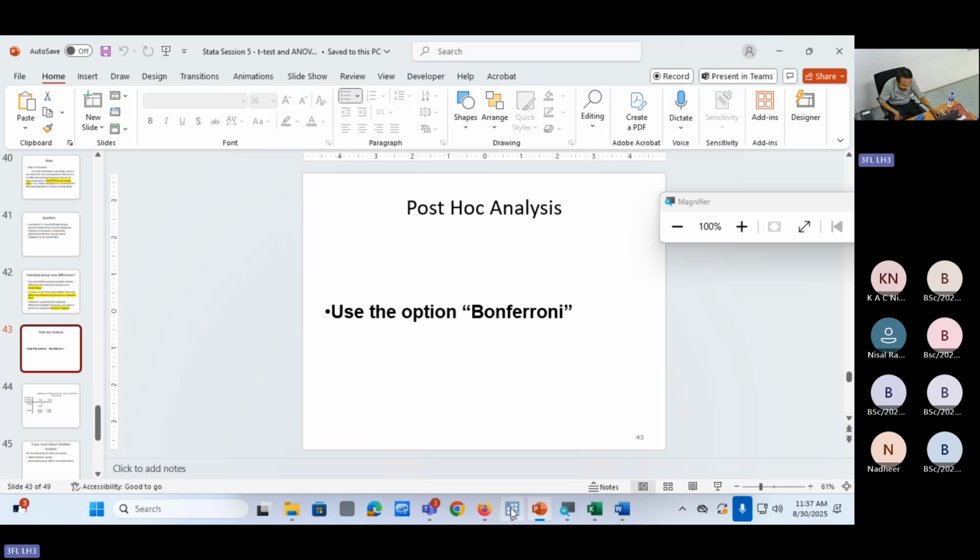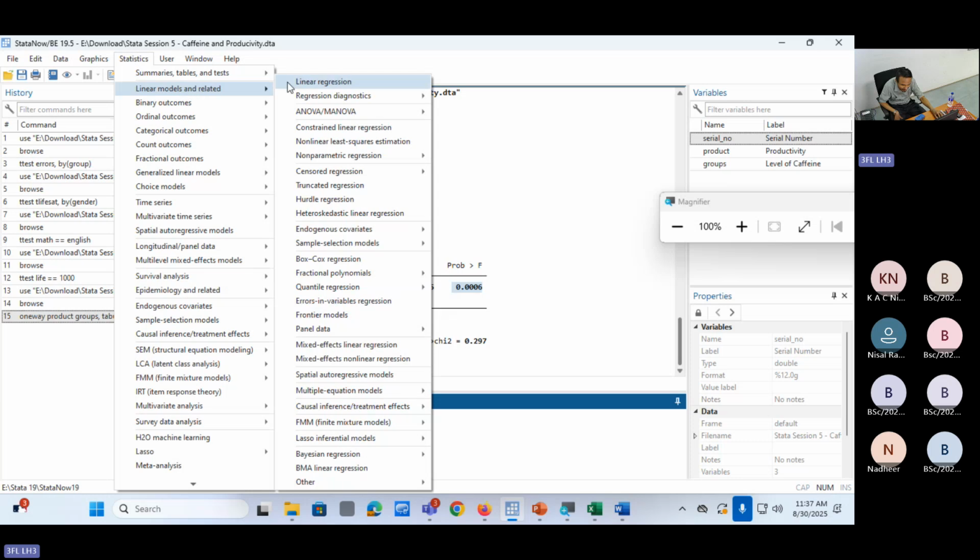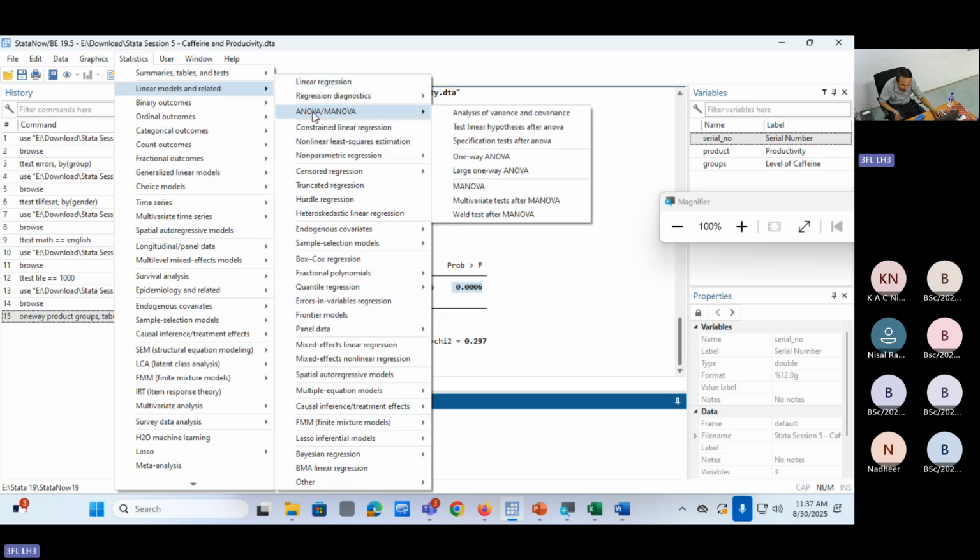Very simple. You go to Stata. I'm going to teach you how to do it. Same path: Statistics, Linear models and related, ANOVA, then One-way ANOVA. Same path.